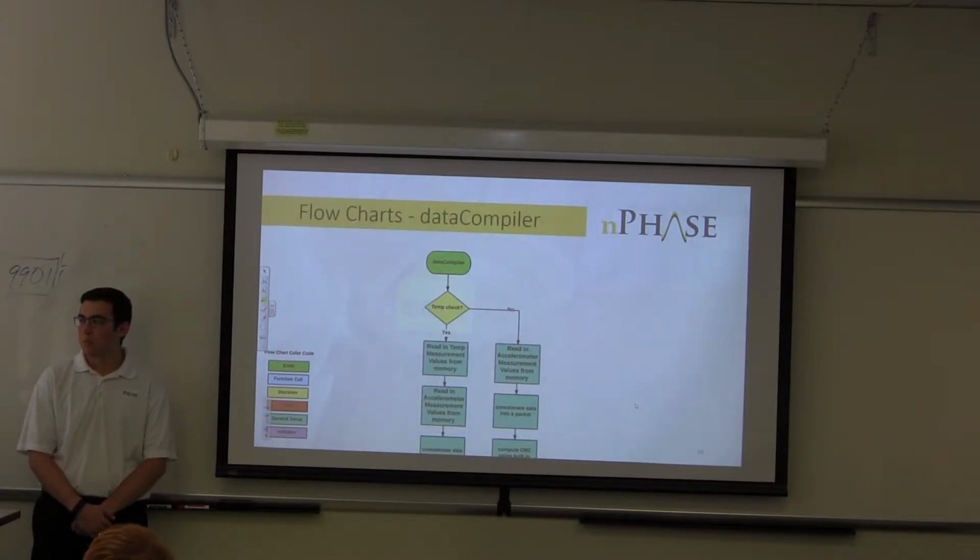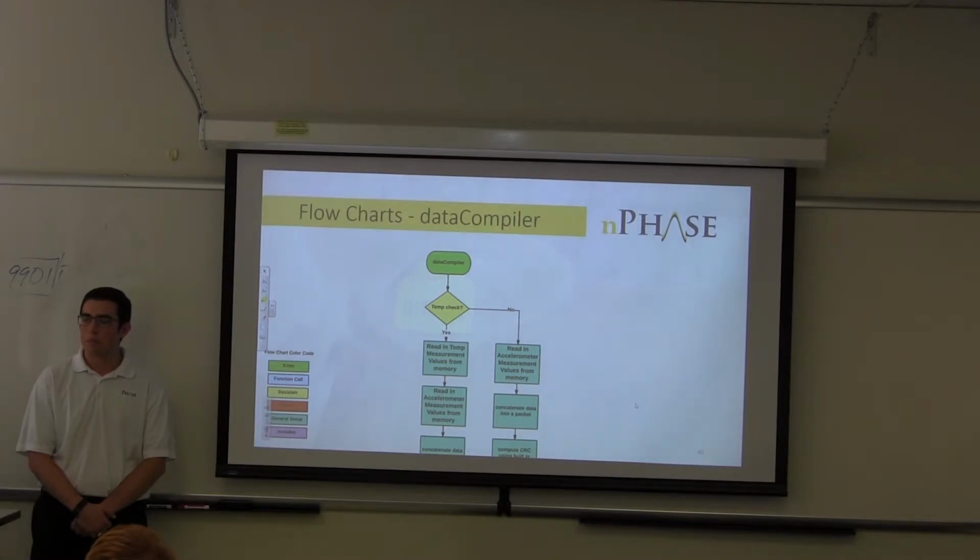So this data compiler function checks to see if we have a temperature value that we need to be sending. If there is, then we're going to be reading in the temperature measurement from memory and then reading in the rest of that packet, accelerometer data.